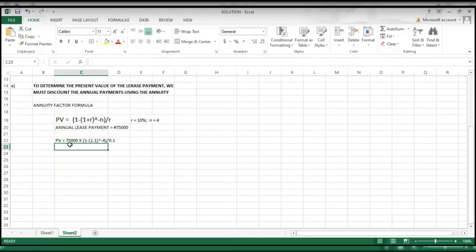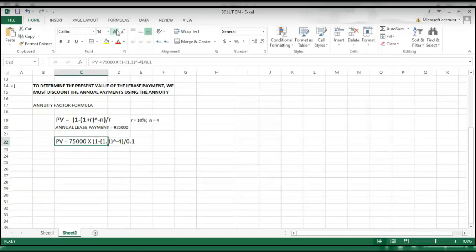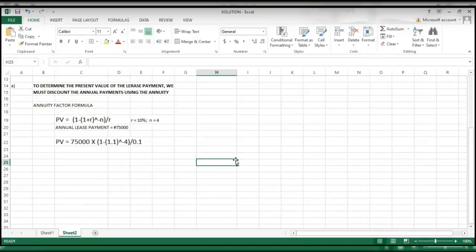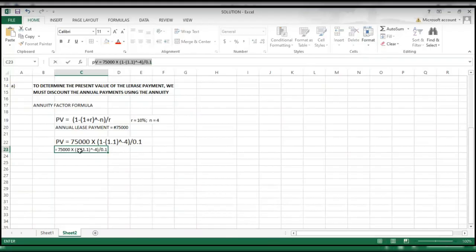This is the formula that will give us the present value of the lease payment. Let me try to embolden it so you can see what I have done. You can also put it on pen at your end so you can compute along with me. So therefore, the PV, which is the present value of the lease payment, will now be equal to the formula. I want to put the solution here now.